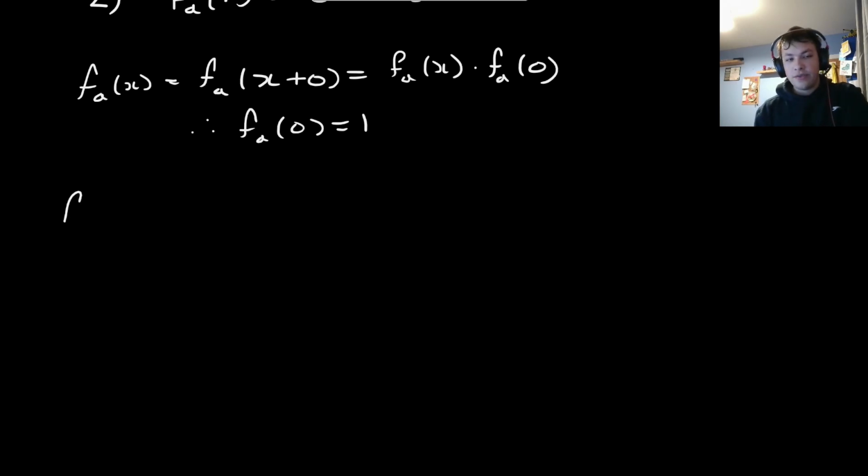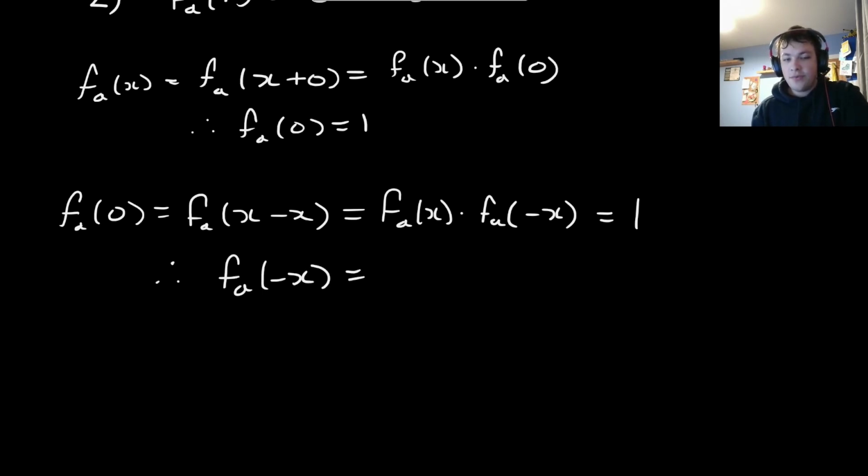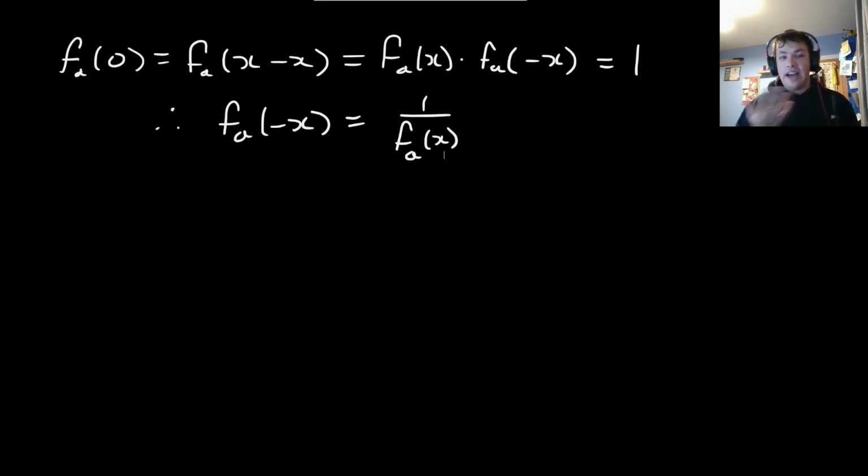We can also say f_a of 0 is f_a of x minus x, which is f_a of x times f_a of minus x, but this is also equal to 1. And therefore f_a of negative x is 1 over f_a of x. That's our next standard rule of exponentials, and f_a satisfies that, so that's good.